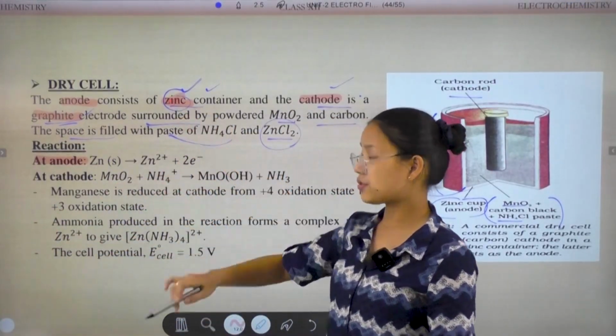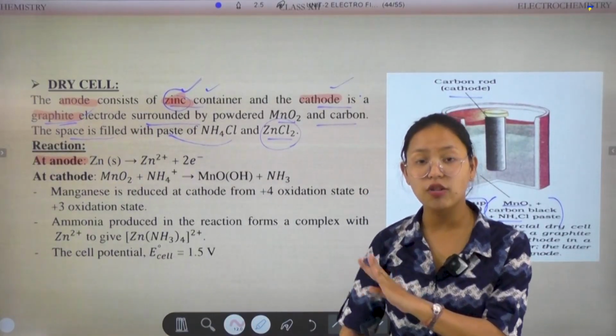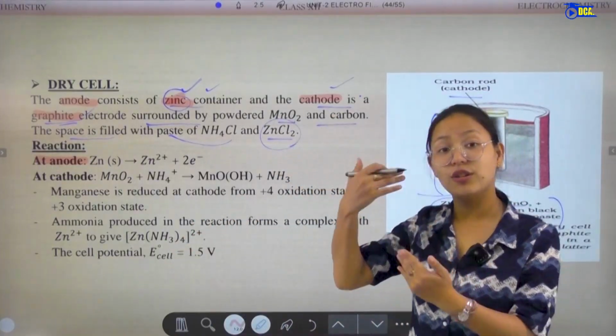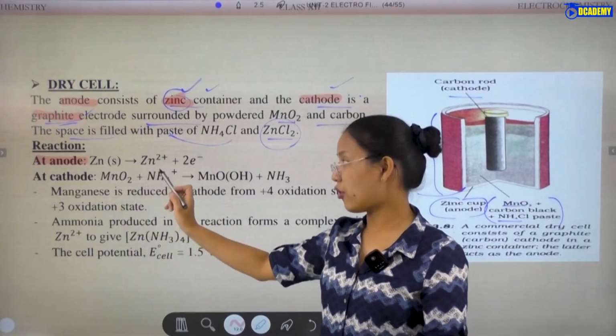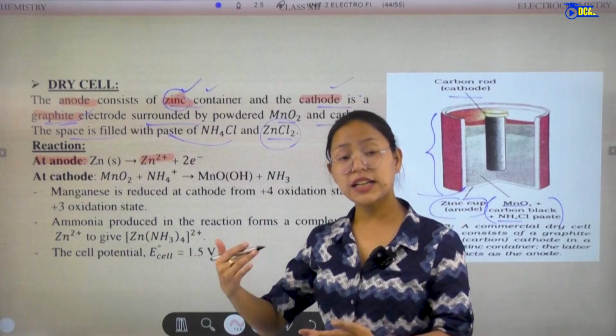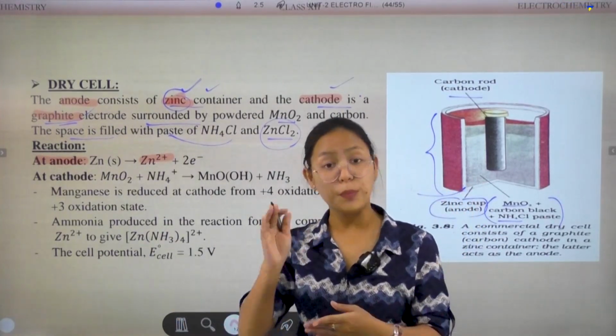Here we know it is zinc. Zinc undergoes oxidation, it will lose electrons. Zinc will form a zinc 2 plus ion and will release 2 electrons.